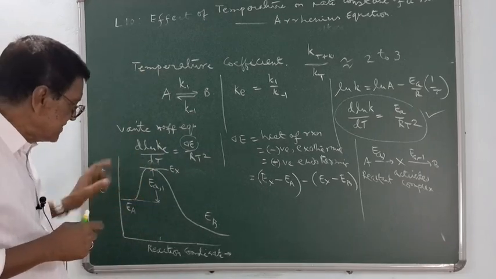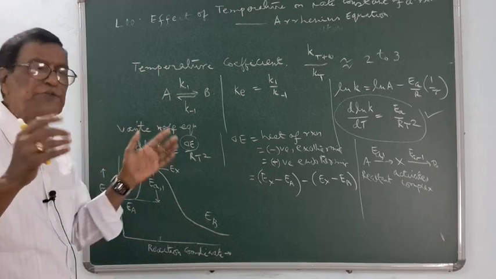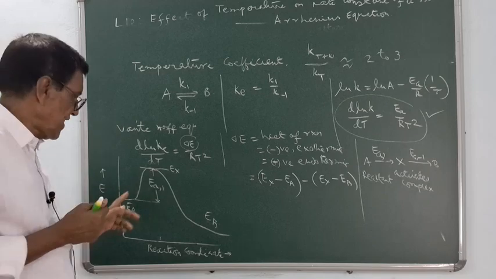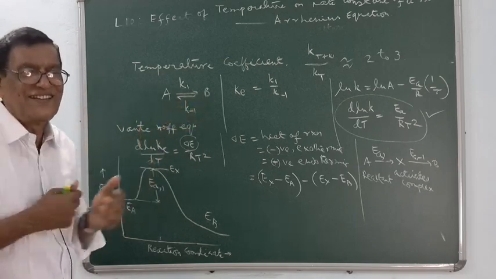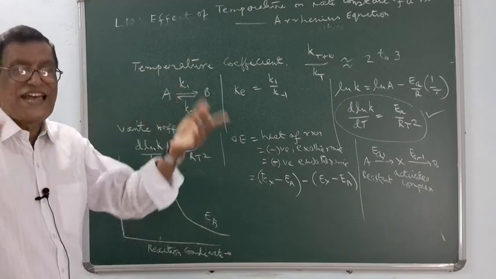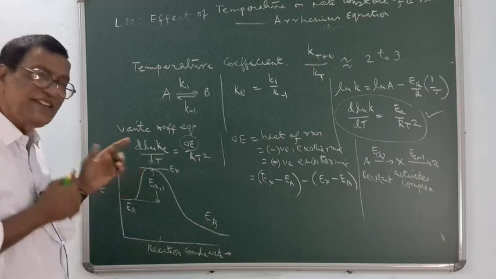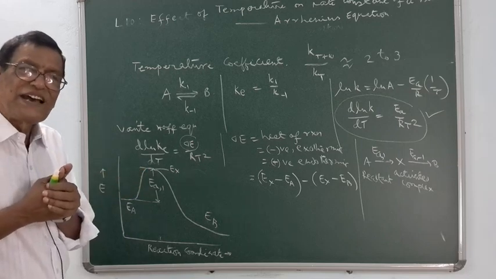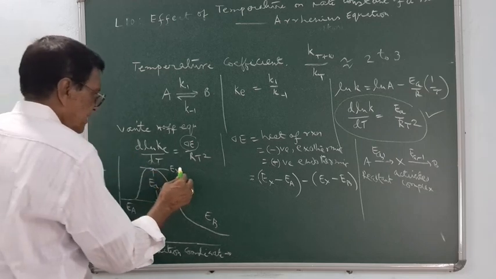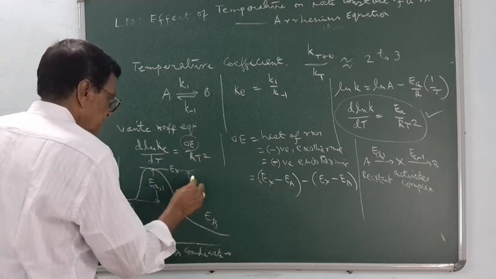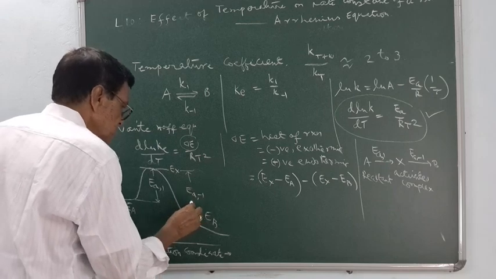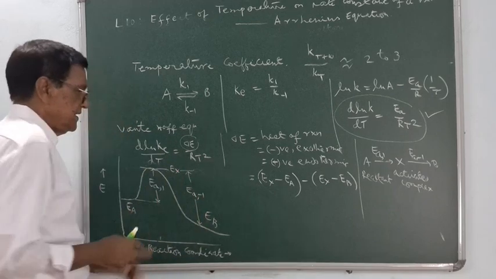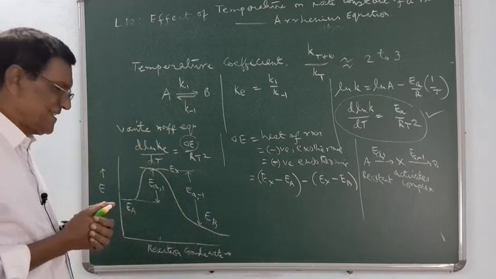This excess energy is always required for the reactant molecules to reach the top of this hill or cross this energy barrier. And after that it is coming to this EA-1, the activation energy for the reverse process.